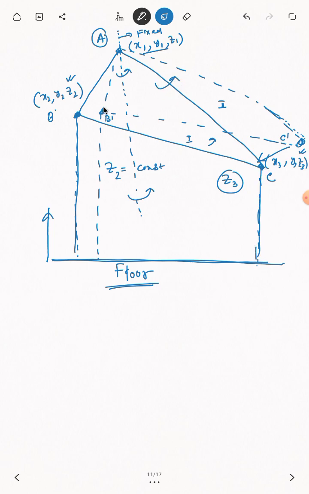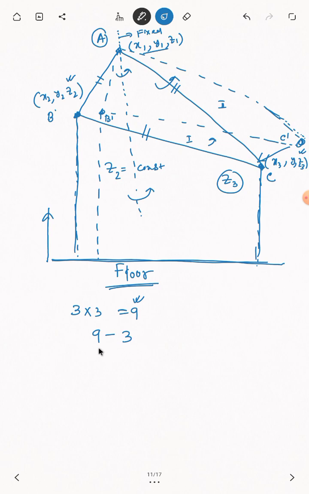So how many coordinates are fixed? When the system was free, it was enjoying 3 into 3, that means 9. From those 9 free coordinates, we have already eliminated 3, 9 minus 3, because of these 3 fixed rods.